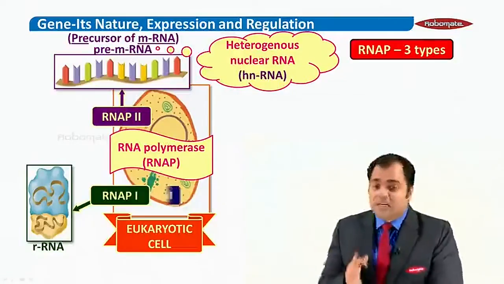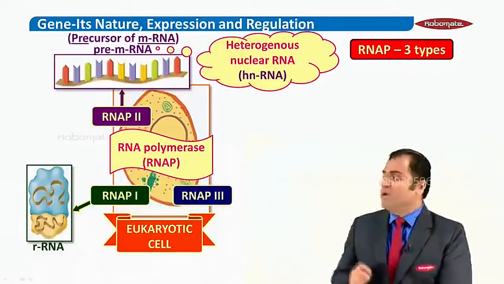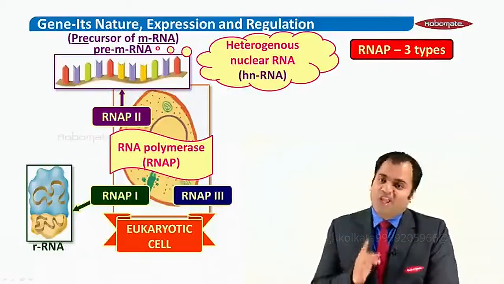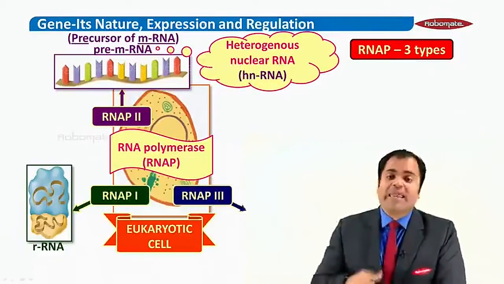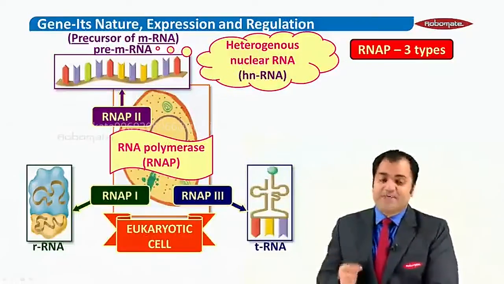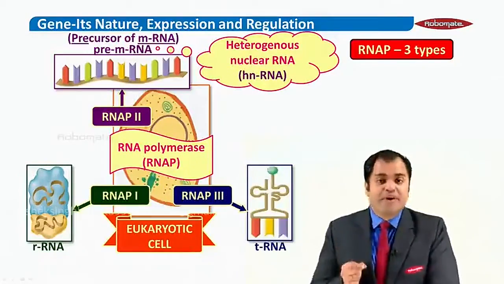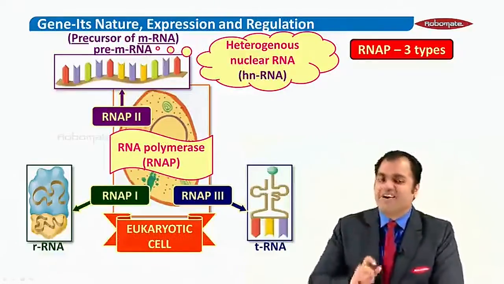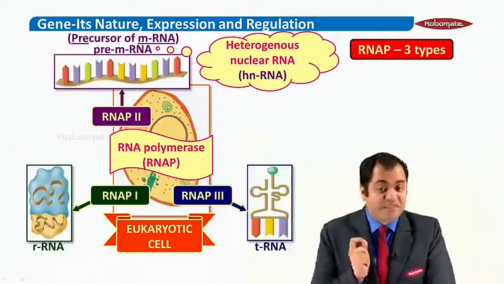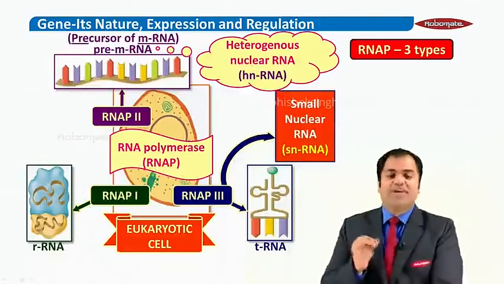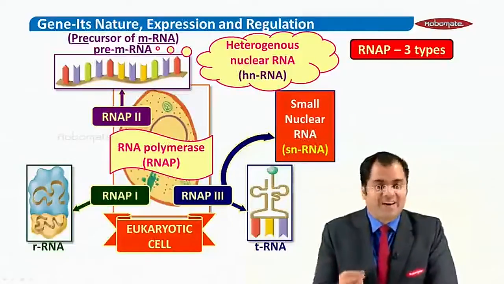Then there is a third type of RNAP which is called RNAP3, and RNAP3, you guessed it right, is involved in the synthesis of transfer RNA or tRNA. Is that right? Now remember, in eukaryotes there is a fourth type of non-genetic RNA, and it has a specific name. It is called small nuclear RNA or snRNA.